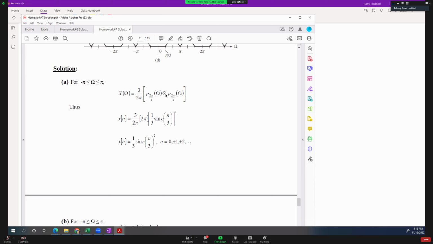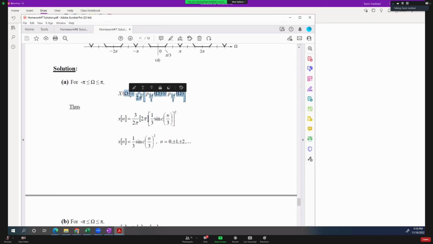What's convolved in the frequency domain becomes a simple multiplication in the time domain, which means that these two will multiply together if I find the inverse of each one. And then I end up with the sinc square function representing the inverse of this function.